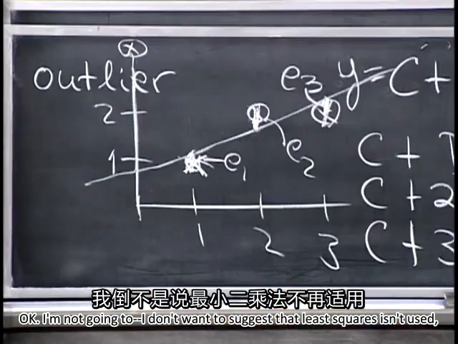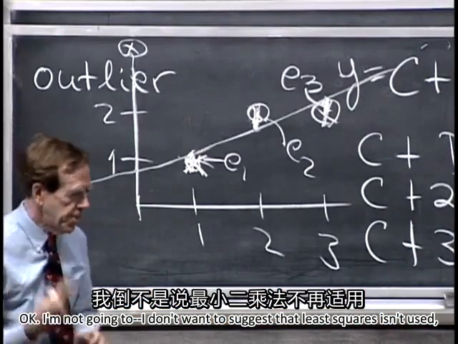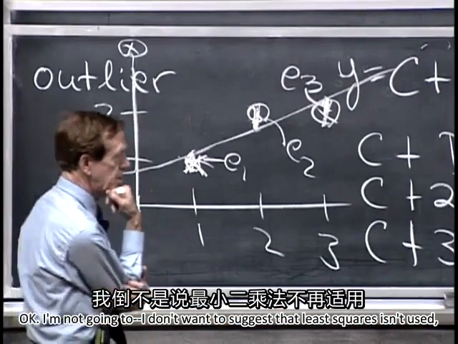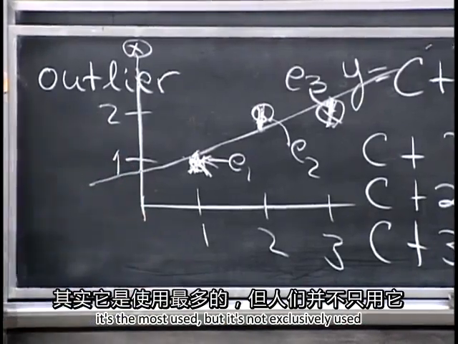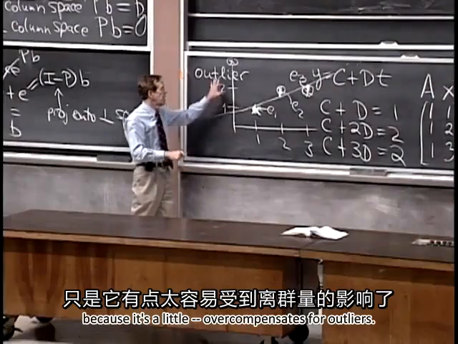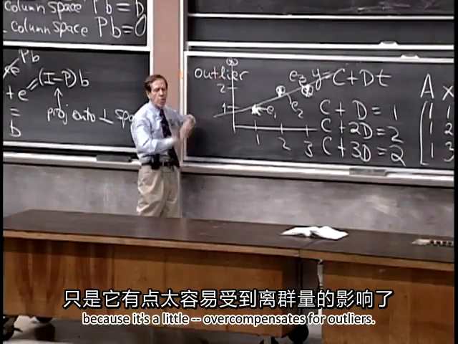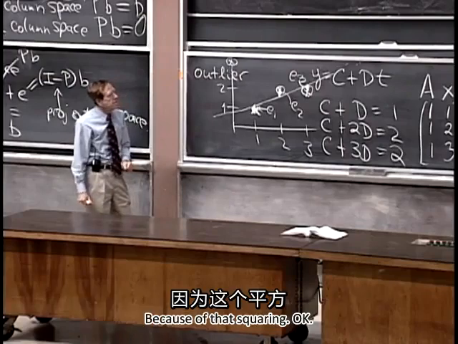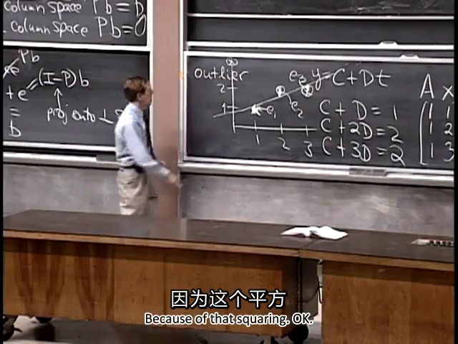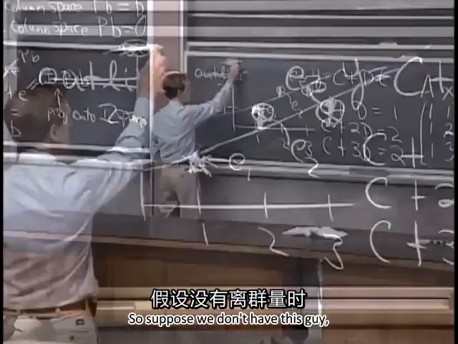I don't want to suggest that least squares isn't used. It's the most used. But it's not exclusively used because it overcompensates for outliers, because of that squaring.